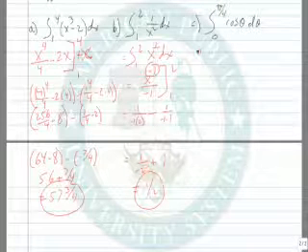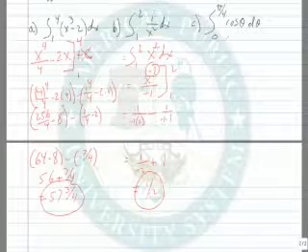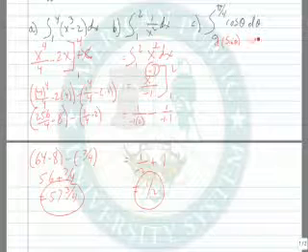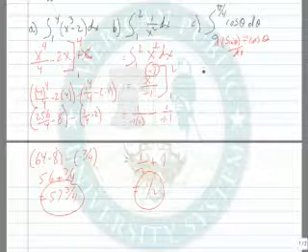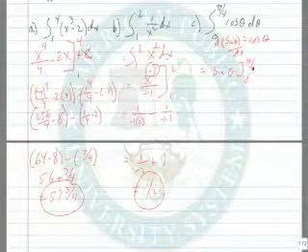Let's try a trigonometry integral. The integral of the cosine of theta, remember that the derivative of the sine of theta was equal to the cosine of theta. So therefore the integral of the cosine of theta is equal to the sine of theta from 0 to pi over 4.